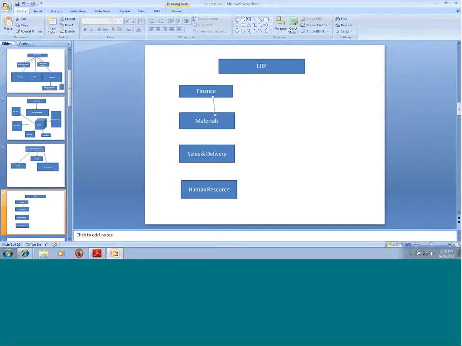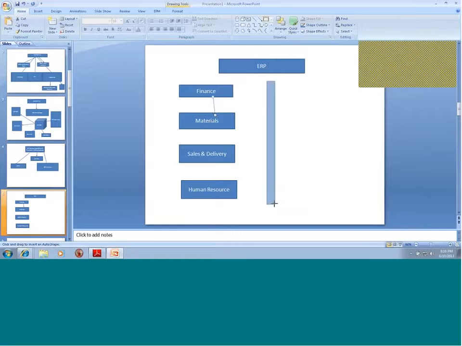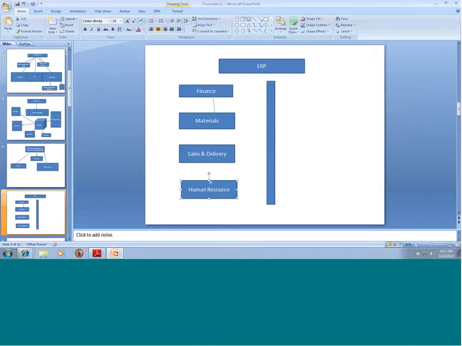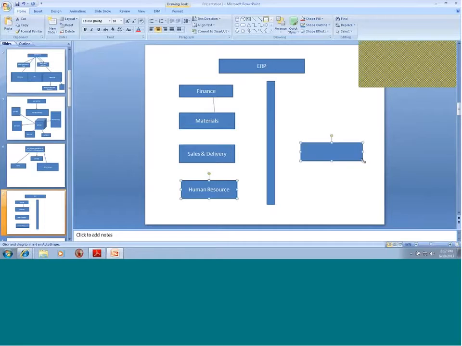So what we are talking about here is tight integration of data flow across different departments in an organization. Let's take an example. Let's say my sales and delivery department sent a customer order worth $10,000.